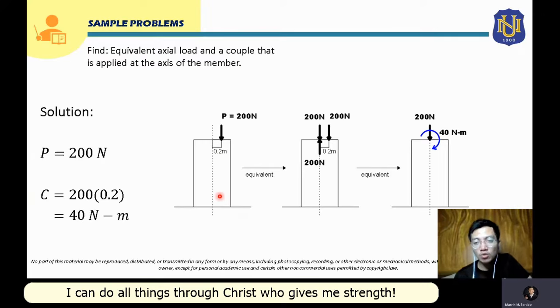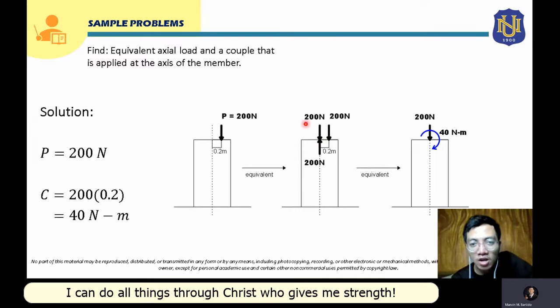In order to produce an equivalent system, if we transfer 200 newton to the axis, we have to add a force that is opposite in direction, collinear, and has the same magnitude as the force that you have transferred. So we will add this upward 200 Newton force, which is collinear to the force that we transferred.